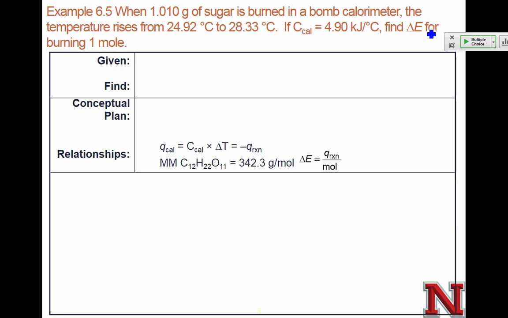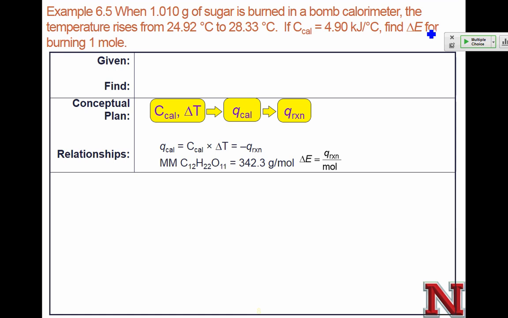Once we figure that, we have our Q reaction. So our delta E is going to be equal to our Q reaction, but we want our delta E per mole. This is specifically asking for our change in energy per mole. So we're going to take our delta E and divide it by the amount of moles that we have. So we have it per mole. That's the only difference, and this specific one is asking per mole.